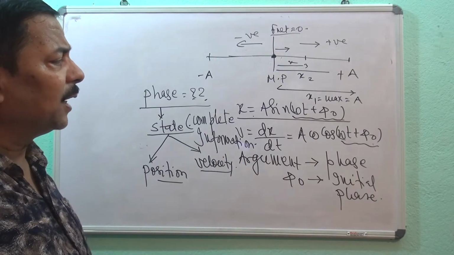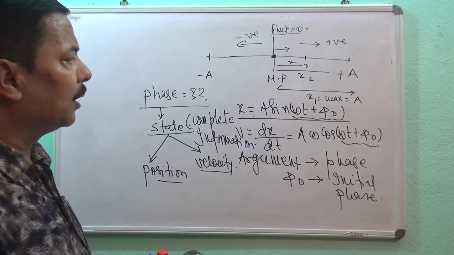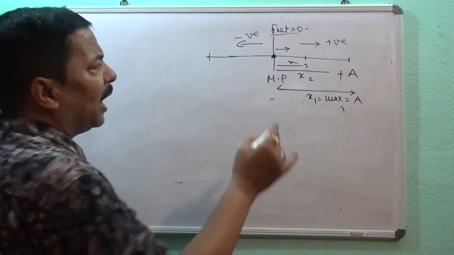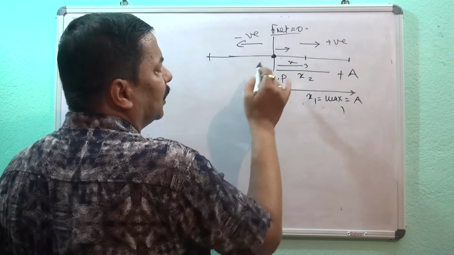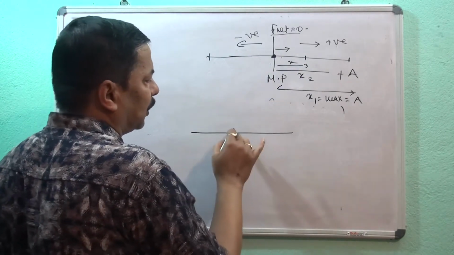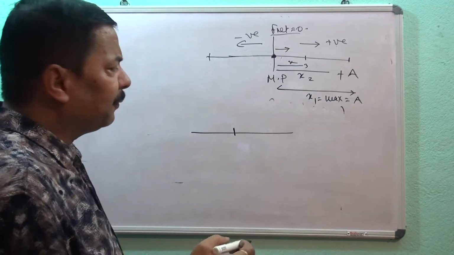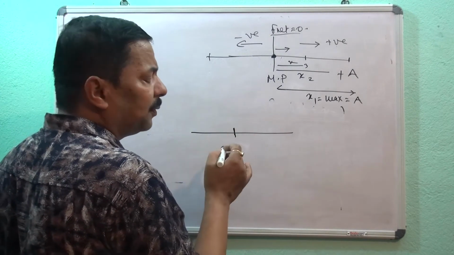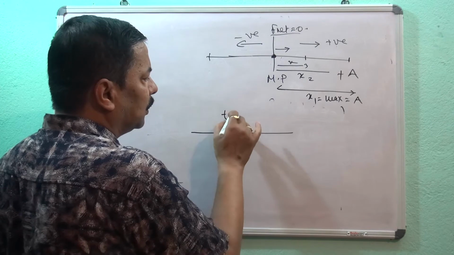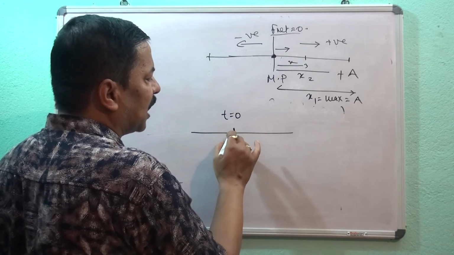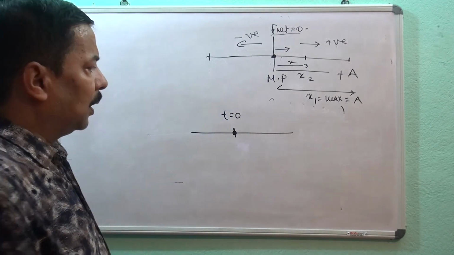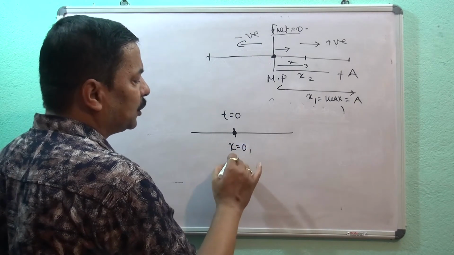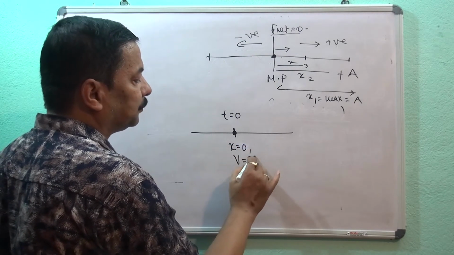Now, basically, in the discussion of phase, if I am saying that here is the simple harmonic motion, and at time t = 0 the particle has started from here, this gives the position x = 0, but it is not telling about the velocity.